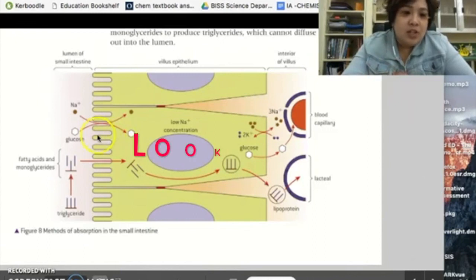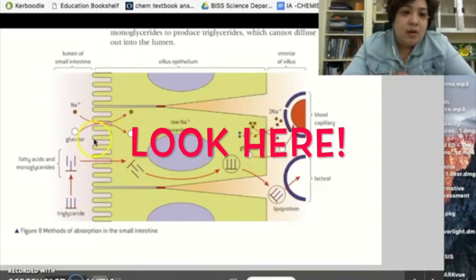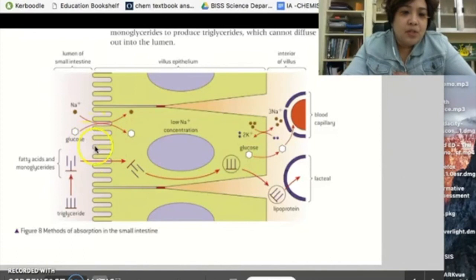First, imagine that you have a pump here, a protein pump, and that pump is your sodium-potassium pump. That sodium-potassium pump is an active transport that pumps 3 sodium out for every 2 potassium in.